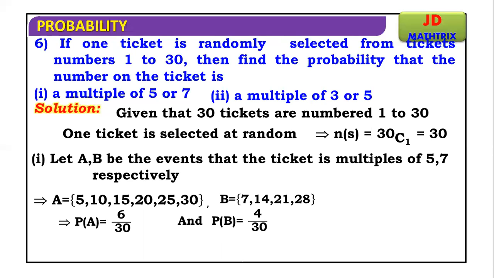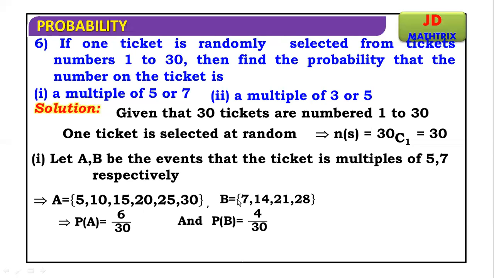So we have to find the probability that it is a multiple of 5 or 7. That means the probability of A or B, that is, the probability of A union B. But to find the probability of A union B, we should also have P of A intersection B. So from these two sets, when we calculate A intersection B, there are no common elements in these two sets.